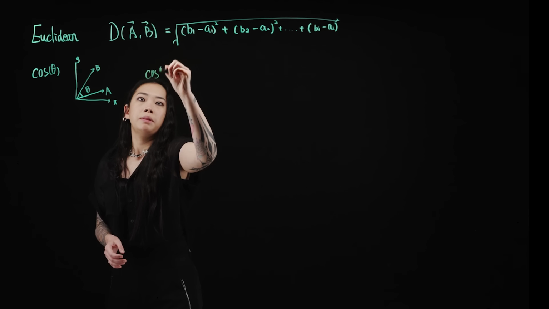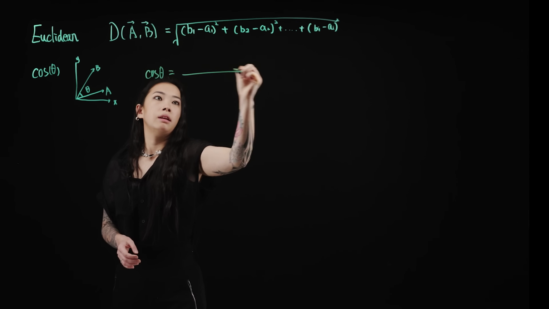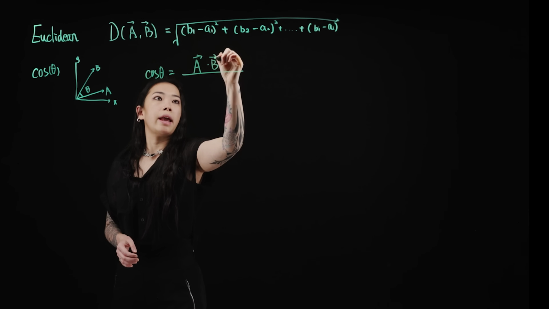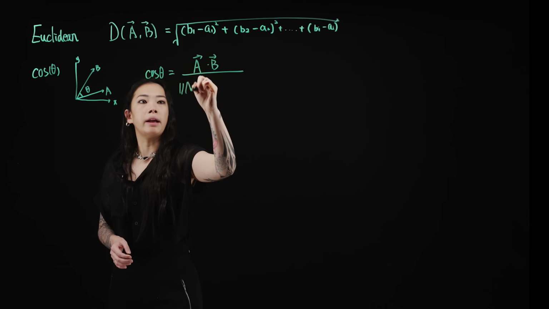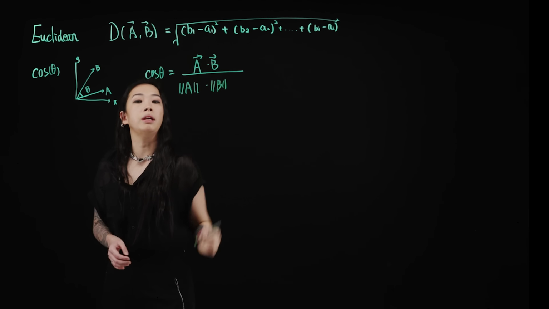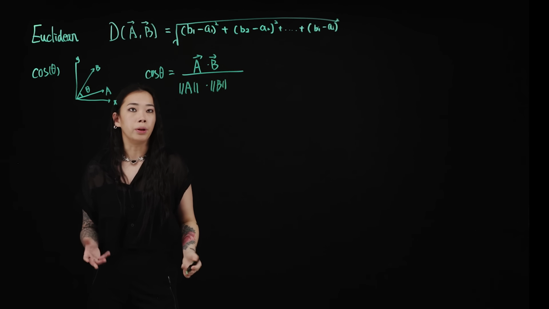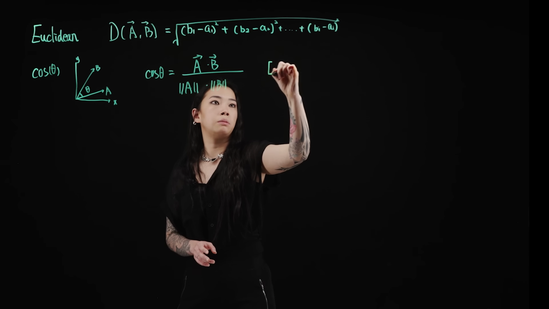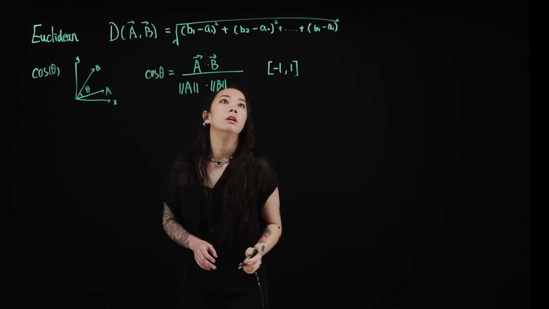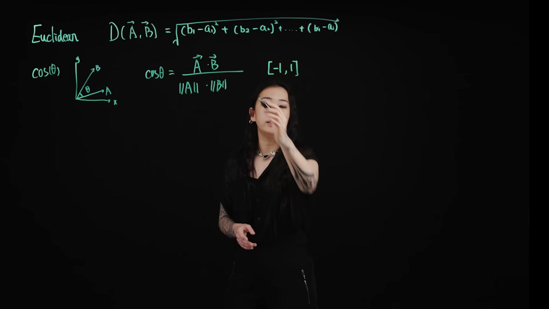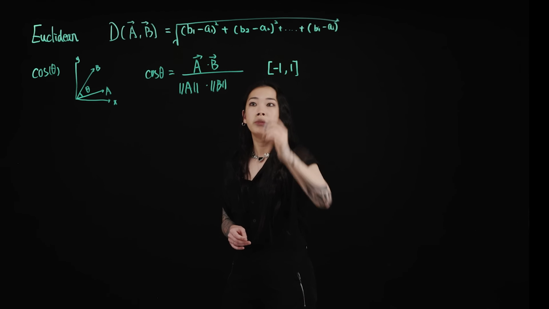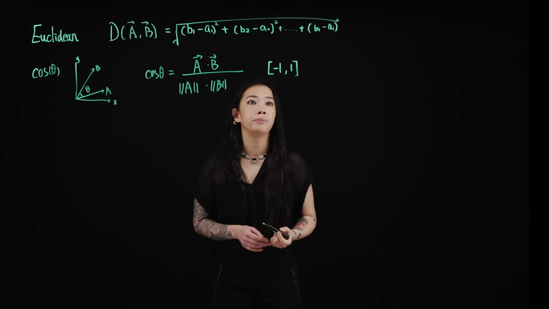Cosine similarity is calculated by taking the dot product between the two vectors, A and B, divided by the magnitude of the two vectors, A and B. The output of the cosine similarity falls between -1 and 1. Contrary to Euclidean distance, it is actually a standardized metric that ensures the output never exceeds this bound.